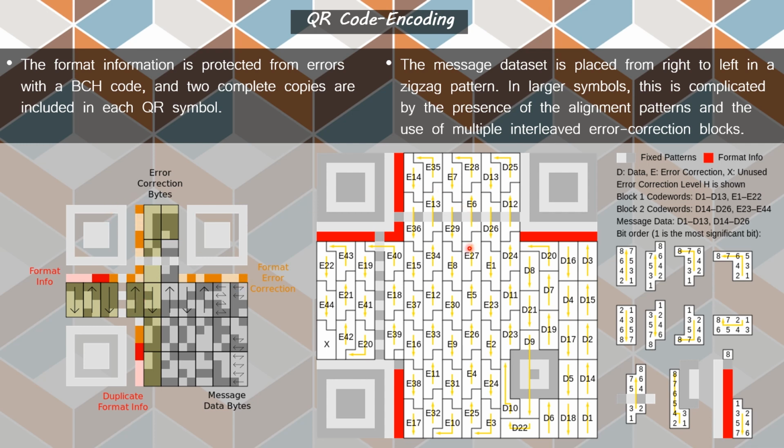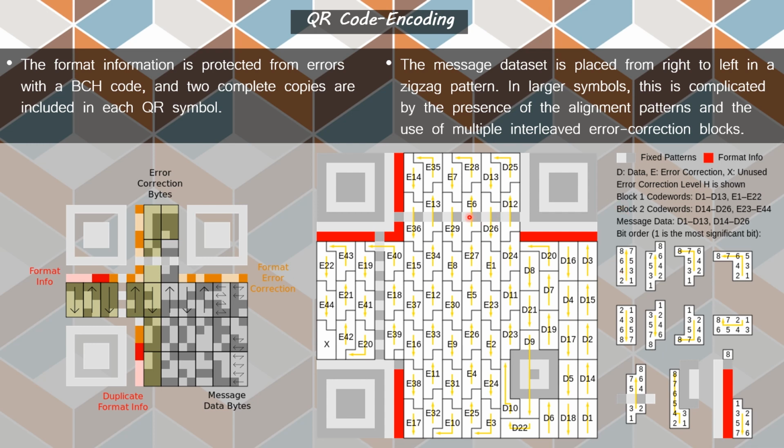Look at this picture, we have code words. So these numbered blocks, D20, E1, E27, these are code words. 8 bits, 8 squares together make a code word, and a group of code words together make a code block.